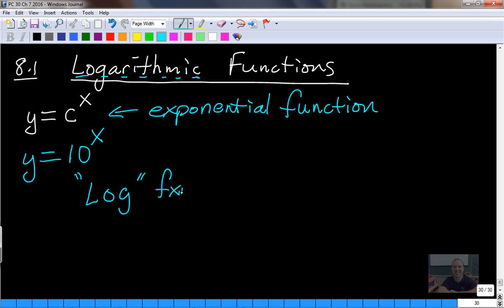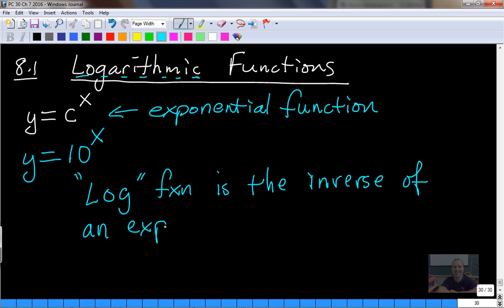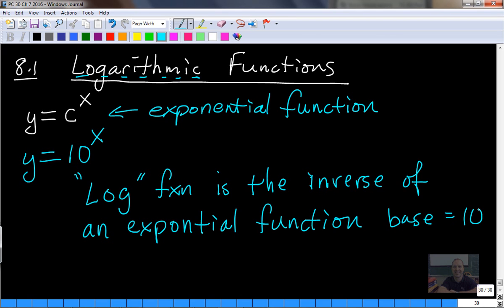The log function is the inverse of an exponential function with base 10. Okay? So if we have a base of 10, the inverse is the log function.